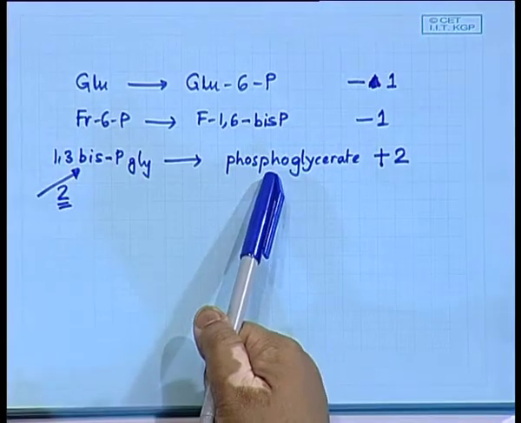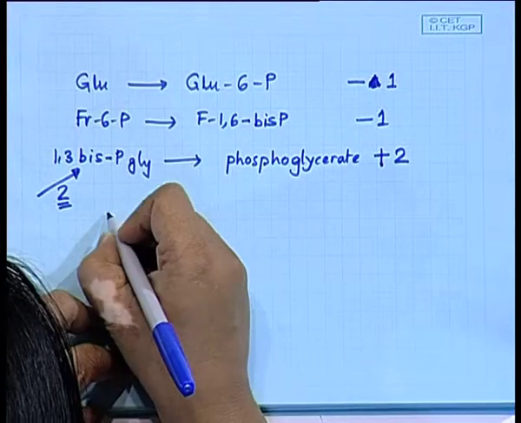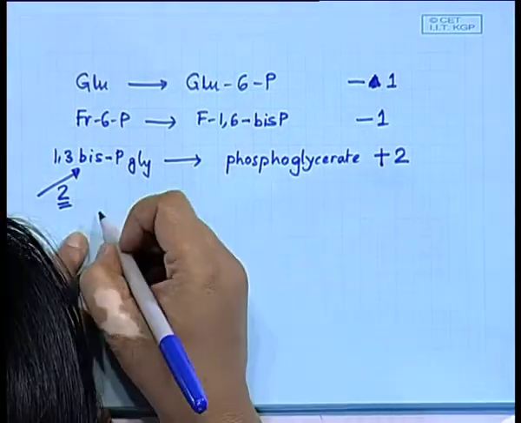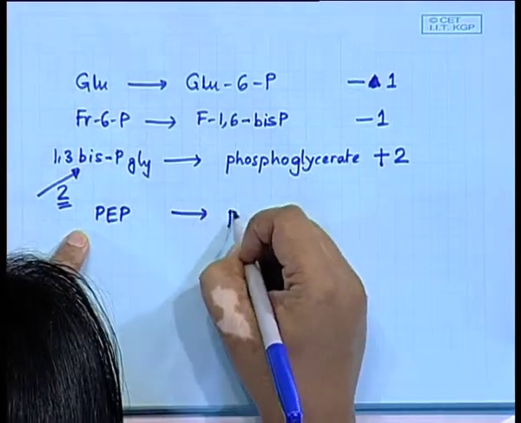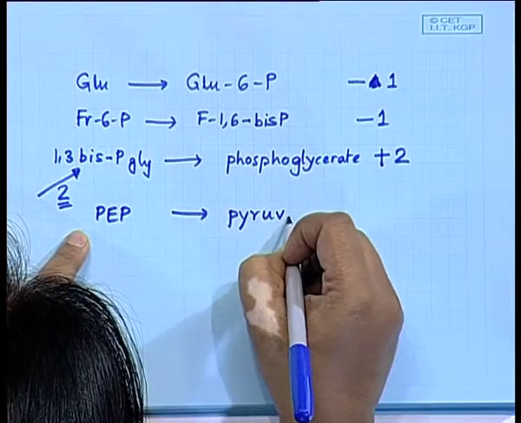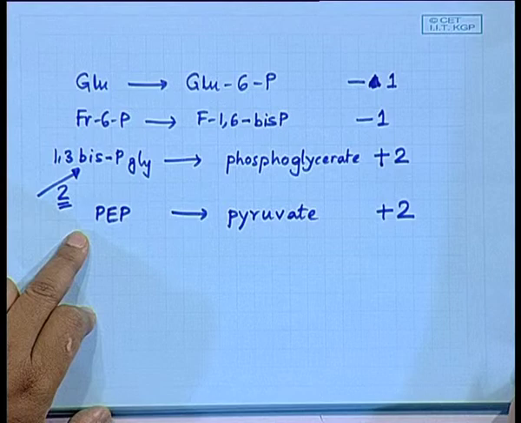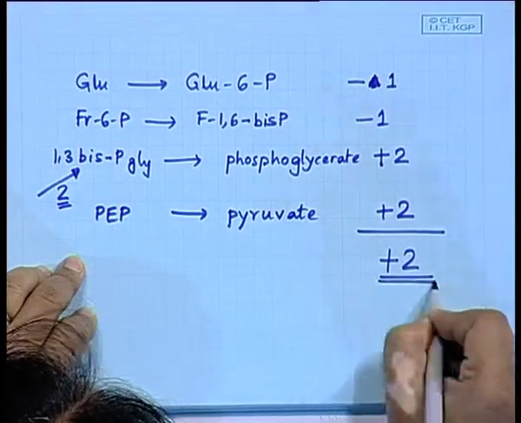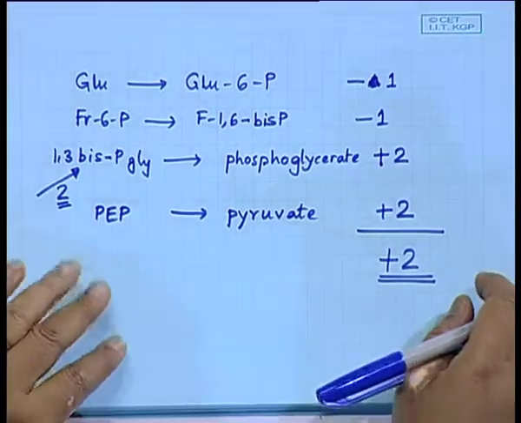Then from the phosphoglycerate we formed the phosphoenol pyruvate. The phosphoenol pyruvate gave you the pyruvate, okay, plus 2, fine. So eventually we have plus 2. That's the amount of ATP from glycolysis. That is what we figured out.